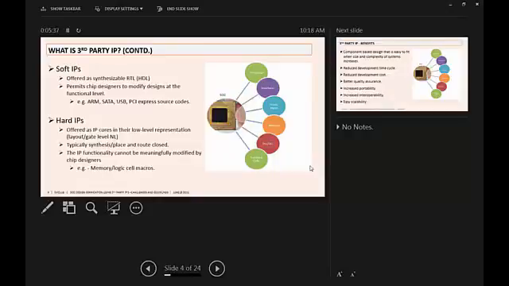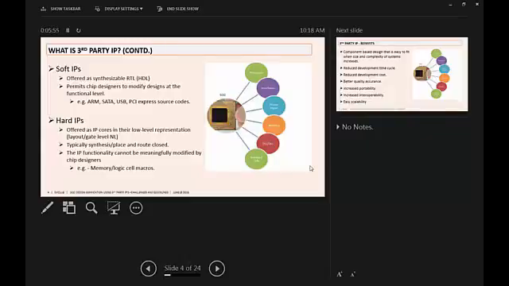There are two broad categories. Even though this is applicable only for the design IP, I would still want to explain it to be more precise about what these IPs are and how they are categorized. We have soft IPs as well as hard IPs from the design point of view.